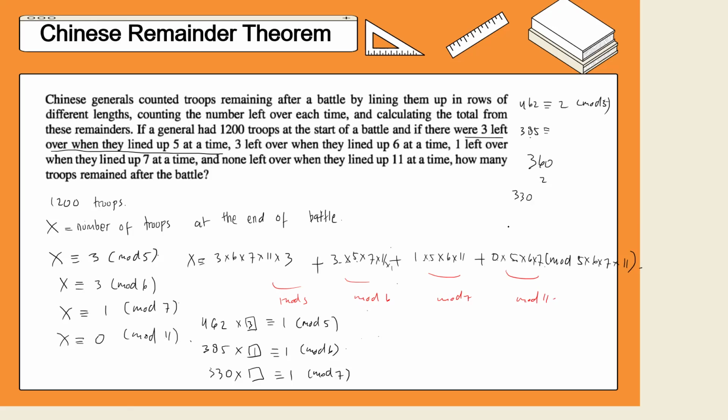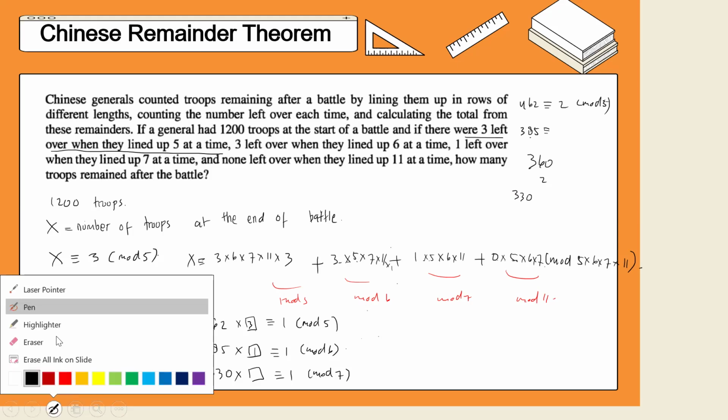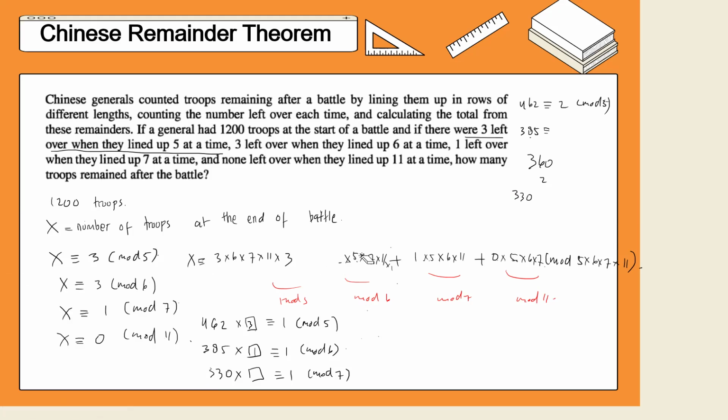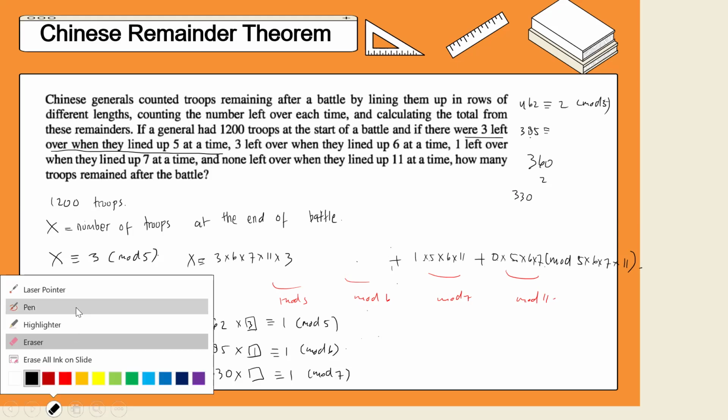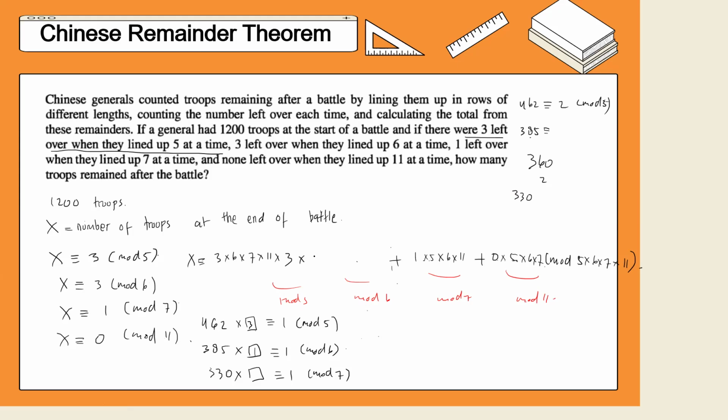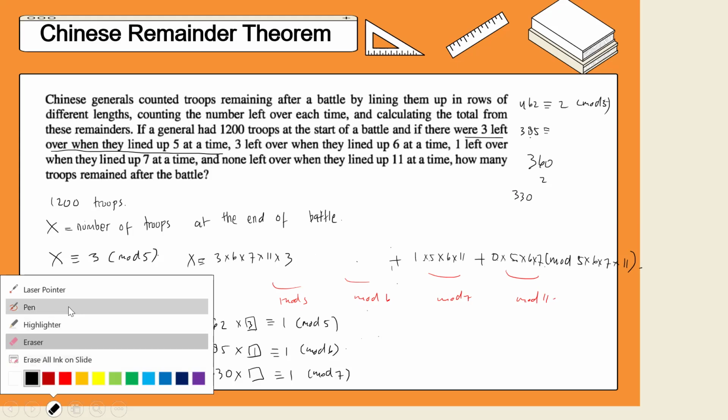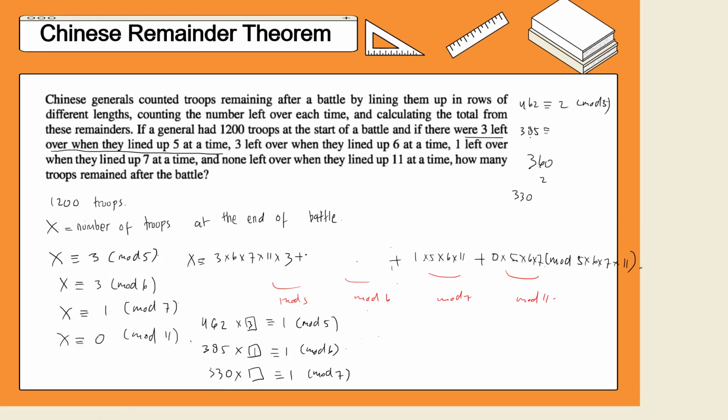I think it's also 1. Okay, 1 also. So this is 3 times 5 times 7 times 11 times 1. This one is 1 also. Okay. Next one, the last one.